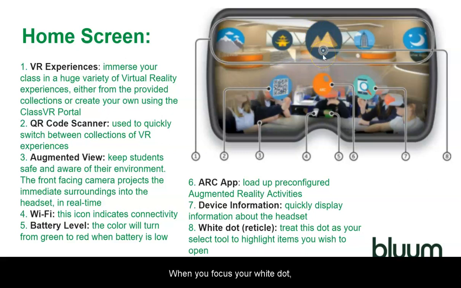When you focus your white dot on an experience, remember we can hit our filled-in orange circle on the left-hand keypad to select or enter that experience. To leave the experience and return back to our home screen, we can use our curved arrow or back button on the left-hand keypad.